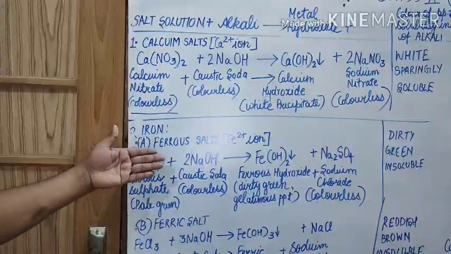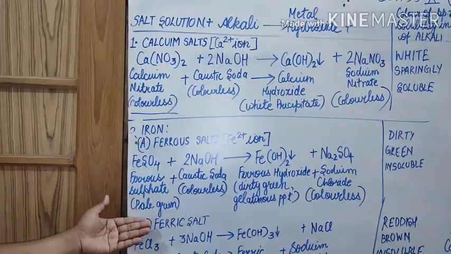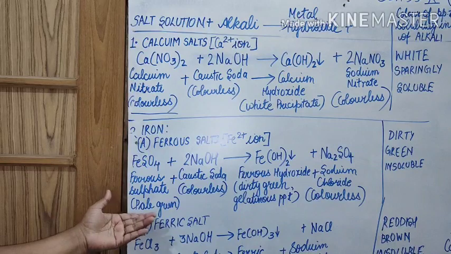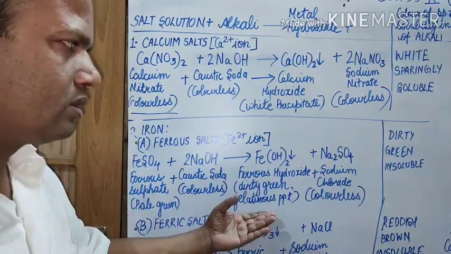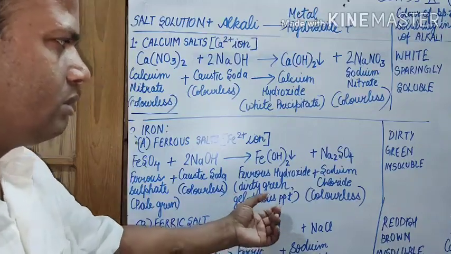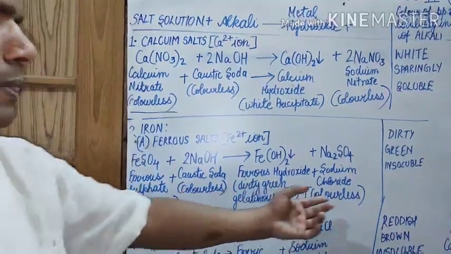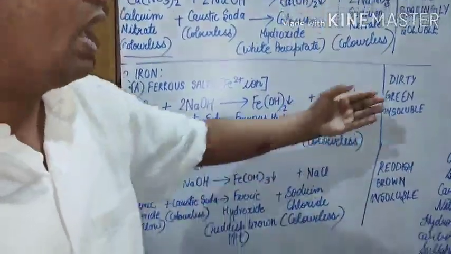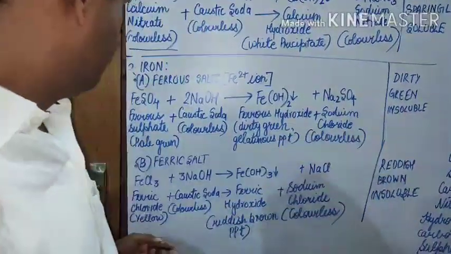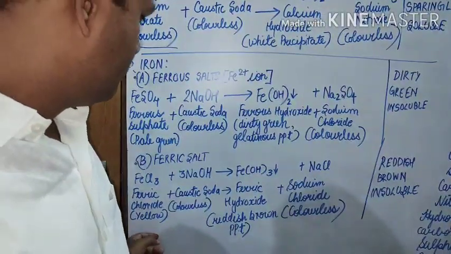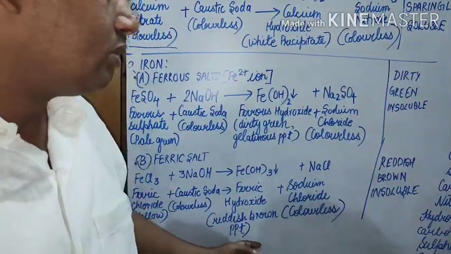Now we have iron, green, colorless, and we get a dirty green gelatinous precipitate. So a dirty green gelatinous precipitate means it is Fe plus 2. It is insoluble; if you add excess, it will not dissolve. Then ferric, we get a reddish brown precipitate.